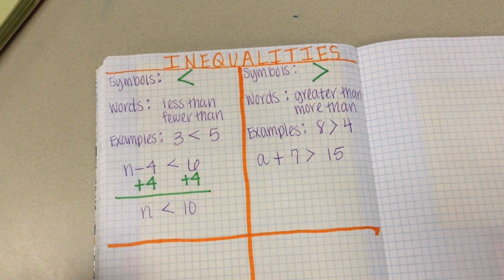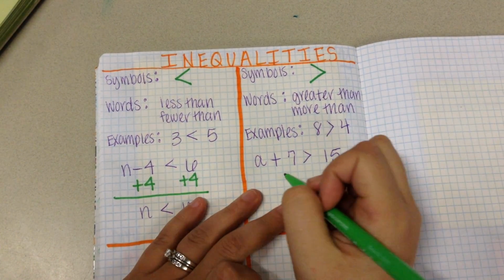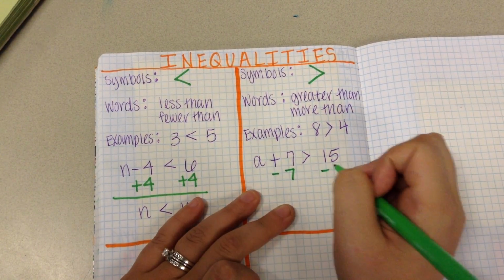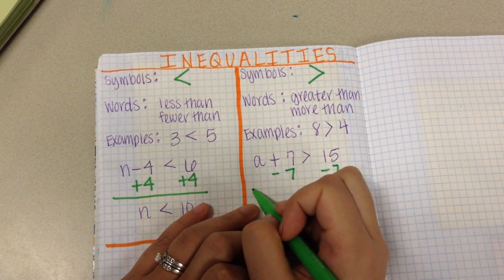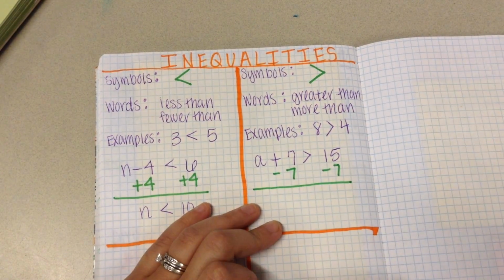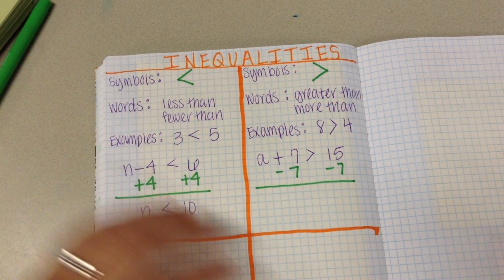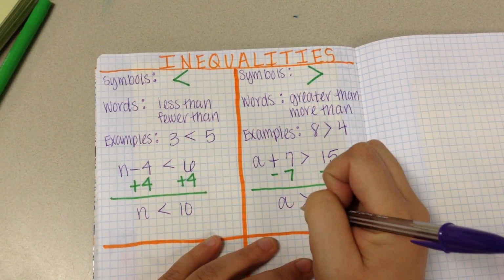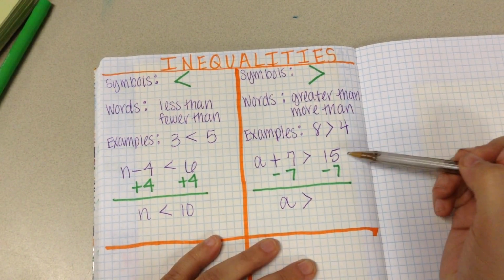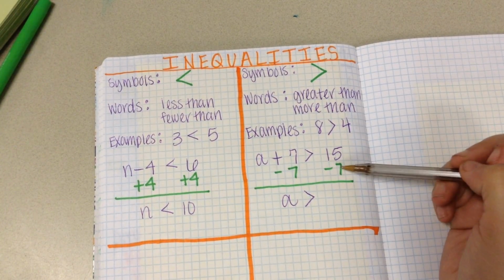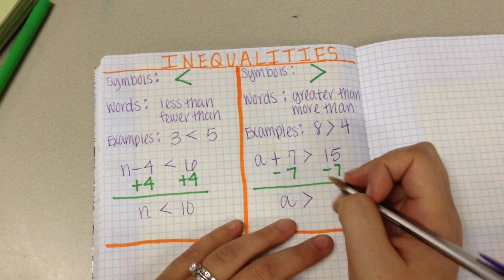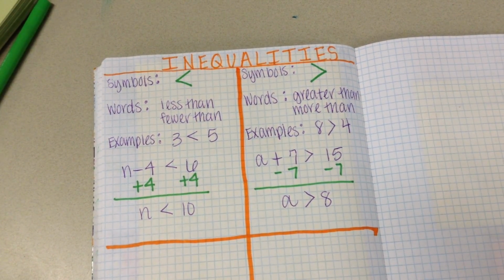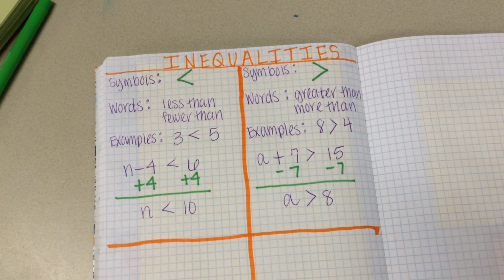So again, we're going to subtract 7 on this side, subtract 7 on this side. So we're going to get A is greater than, and then if I subtract 15 minus 7, we're going to get 8. Okay?